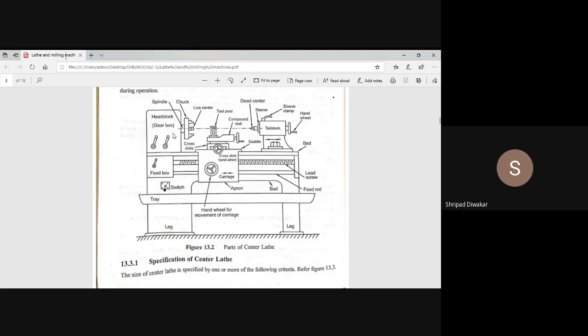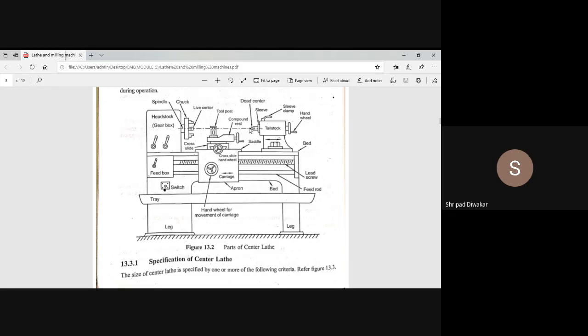Headstock is also called the live center, meaning the power operation, the gearbox, everything is present in the headstock. That's why it is called the live center. On the other hand, we have another part called the tailstock. Tailstock is also called the dead center, so there is no power available in this part.